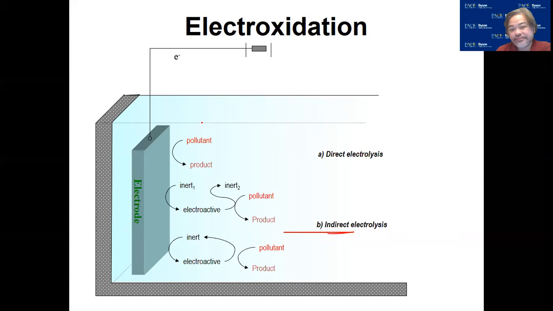So in one, you have a pollutant there, you allow it to be oxidized by the electrode to form a product. In the other one, you allow a reaction to produce a material that will oxidize the pollutants that you have. So this is your electrooxidation.